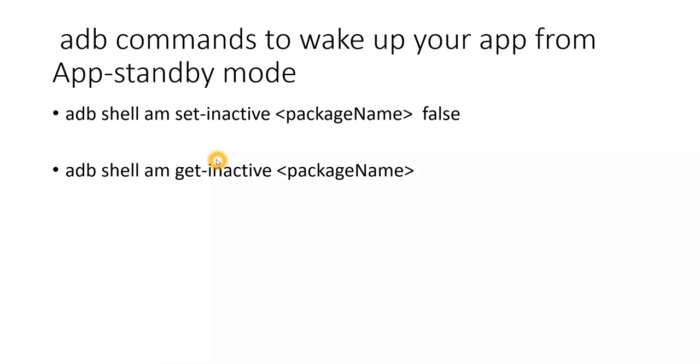It will list the inactive state. If it returns true, that means your app is in app standby mode. If it returns false, that means your app is working normally like any other active application.